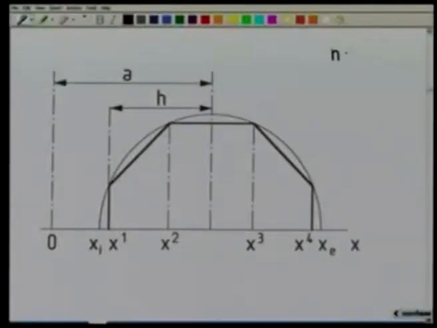For example, suppose we are looking for 4 Chebyshev's accuracy points, n equal to 4. Then as before, we draw a semicircle with xi xf as the diameter.